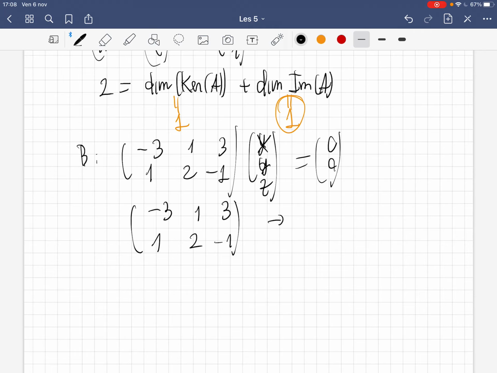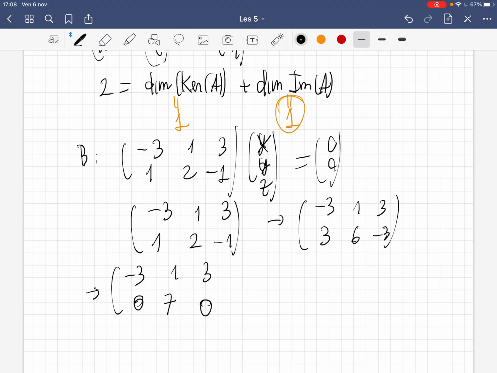So let me multiply this second row by 3, so 3, 6, minus 3. And then we can add. So this 0, 7, 0. Okay, very good. Well, actually almost there.